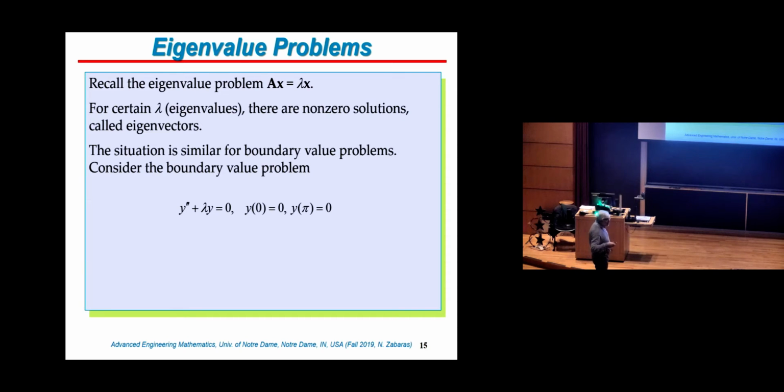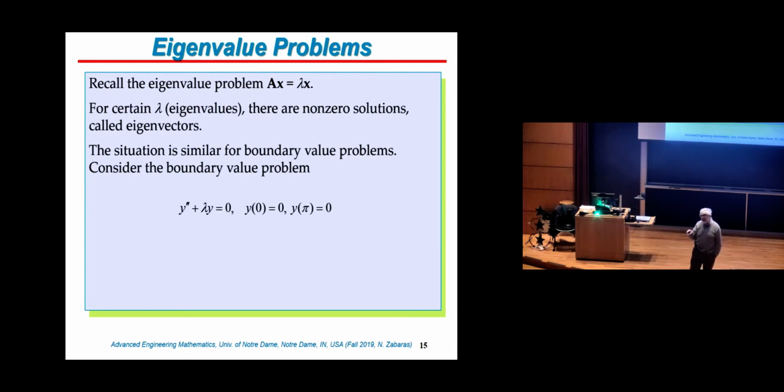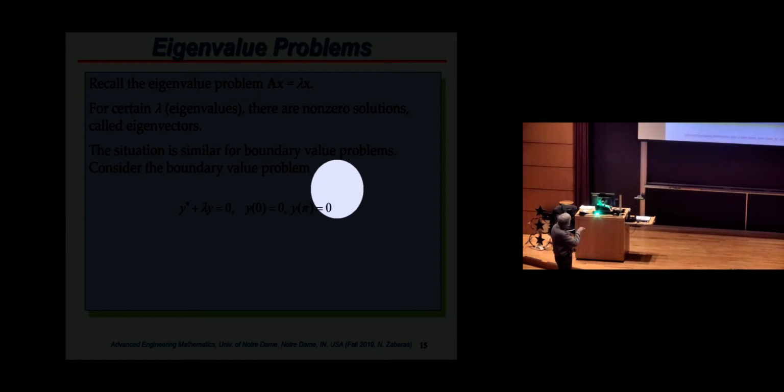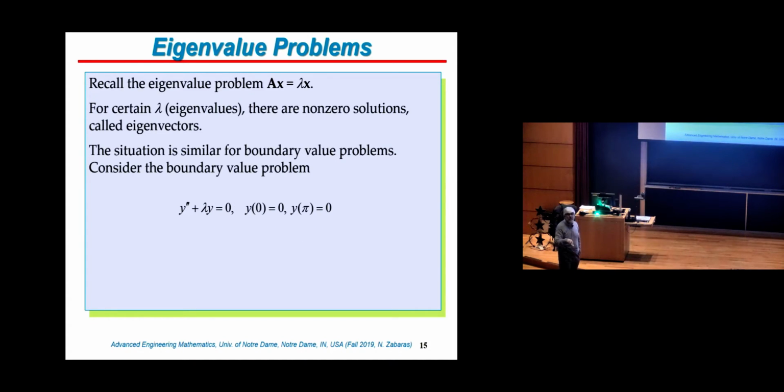So you know what I want you to do is now I want you to think of the eigenvalue problem. You remember the eigenvalue problem? Ax equal to lambda x. When you look at the eigenvalue problem, you're really not interested in eigenvectors x equal to 0, right? So if we interpret this homogeneous boundary value problem as an eigenvalue problem, can you tell me what are the eigenvalues based on the two examples that we did? For which lambdas does this problem have a non-zero solution? Lambda equal to?